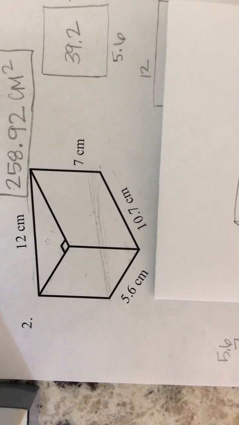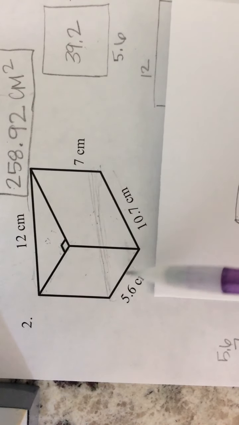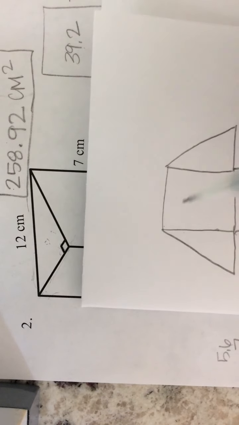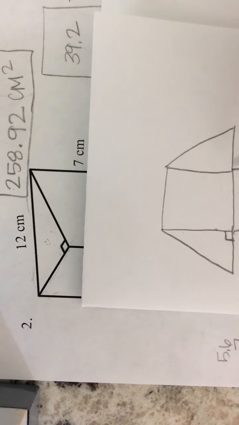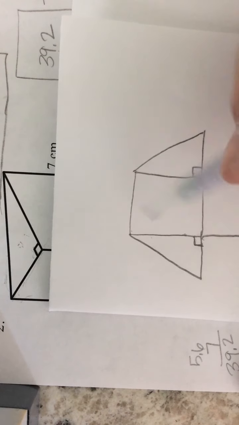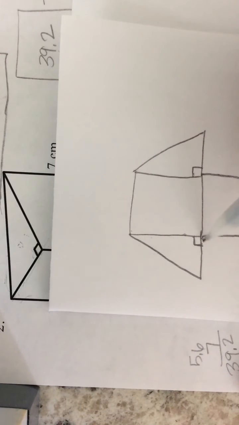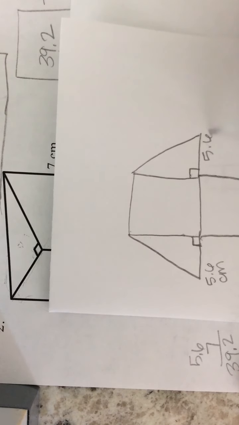So this piece right here, oh, you can't see that, okay. This piece right here and this piece right here are exactly the same size, and it's this piece on the triangle. So here's my 90-degree mark, telling me that that is a perpendicular line, so I know that that is a correct height for my triangle, and that this is my base. So this is 5.6 centimeters, and it's the same on both sides.